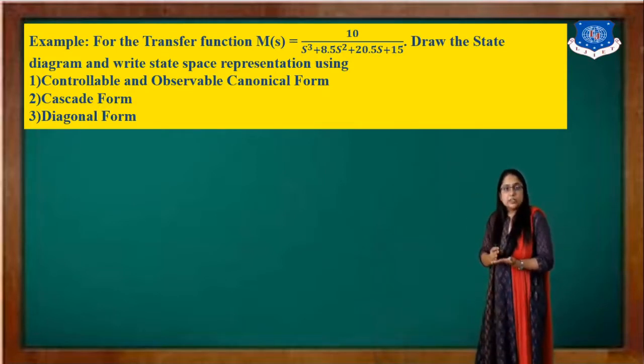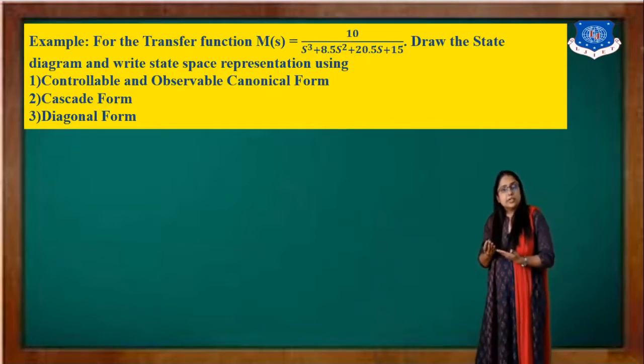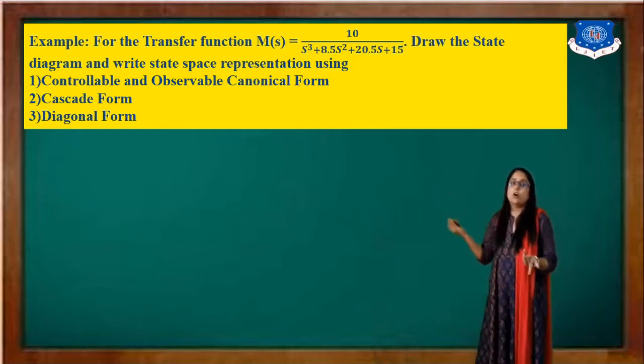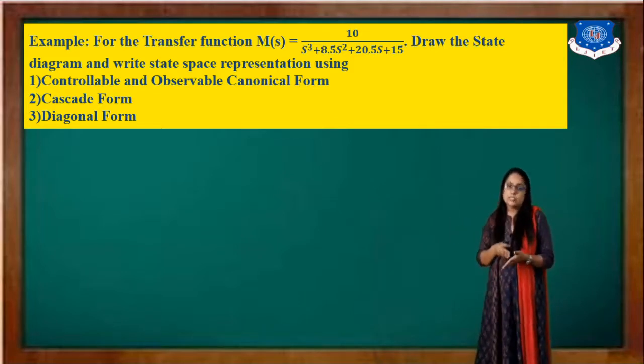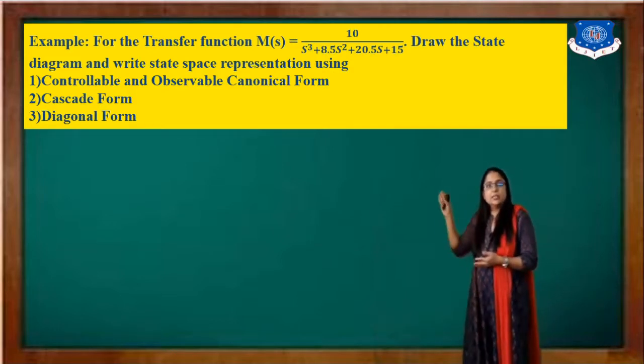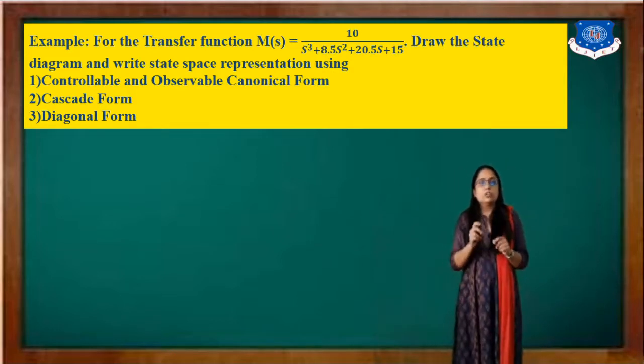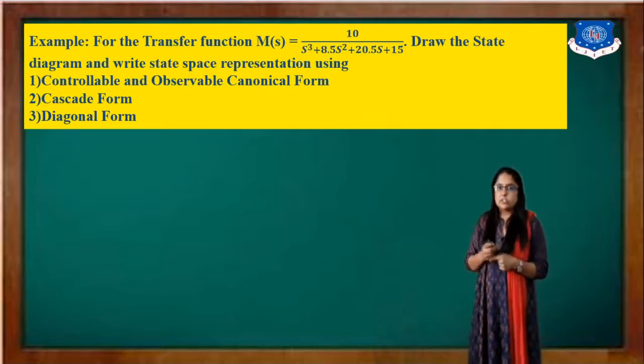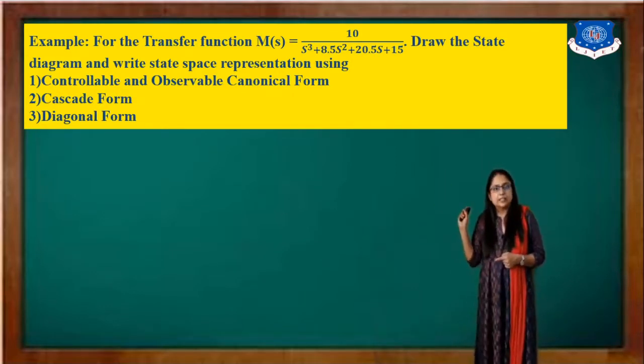We will see the theory related to controllable and observable, and then solve an example to check whether the system is controllable, observable, or both. But here you just need to draw the state diagram and then write down the equations using these different techniques.